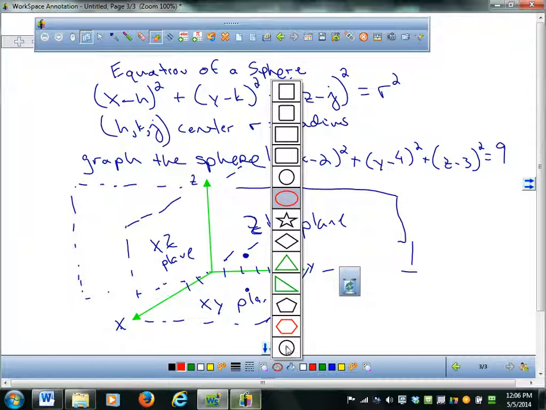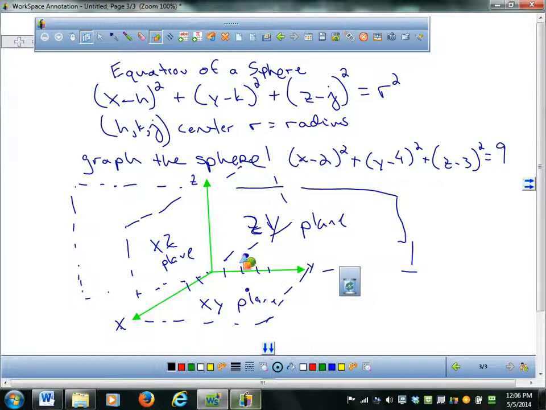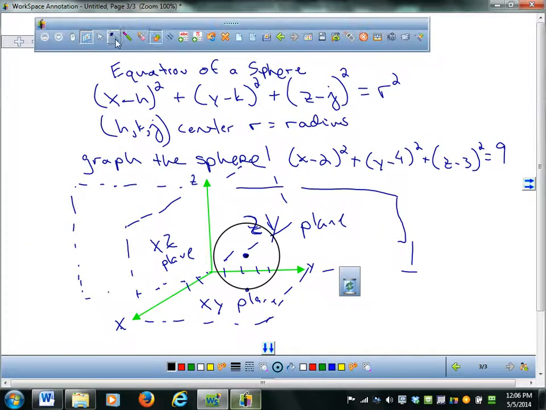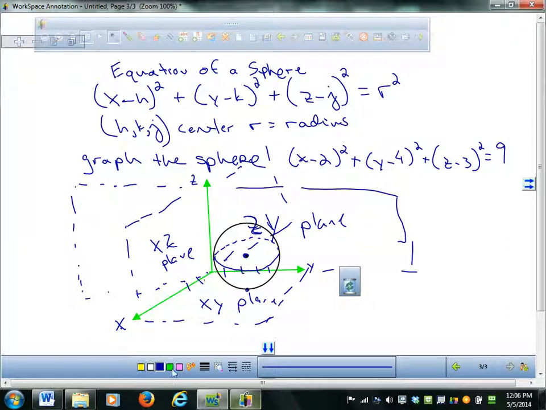Is there a sphere on here? There's a circle. I could fake it, okay? So maybe this is where my circle starts, and then I can be very clever and do a little bit, okay, so there would be the center of your sphere, and then it would be hanging out in space like that. Isn't that cool? That's awesome.